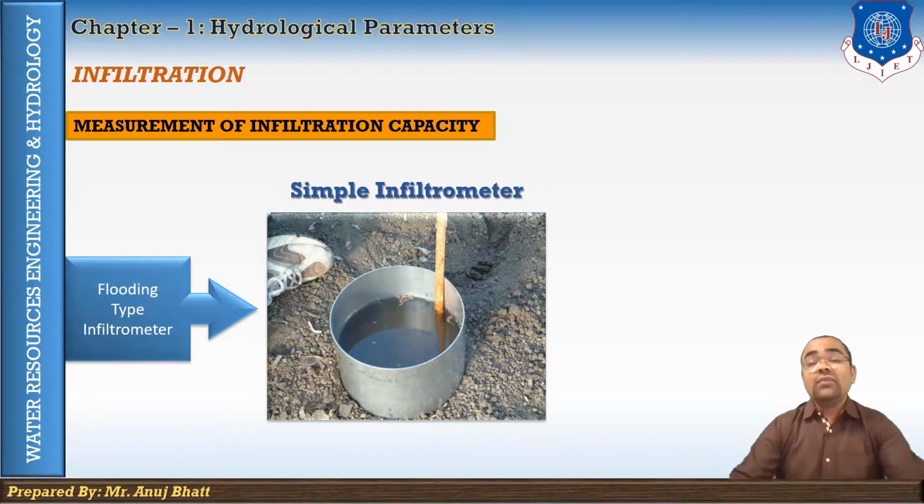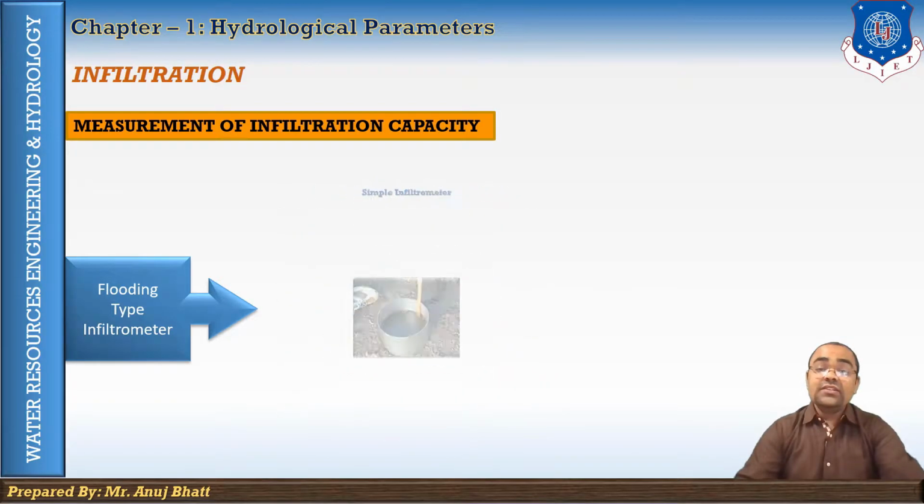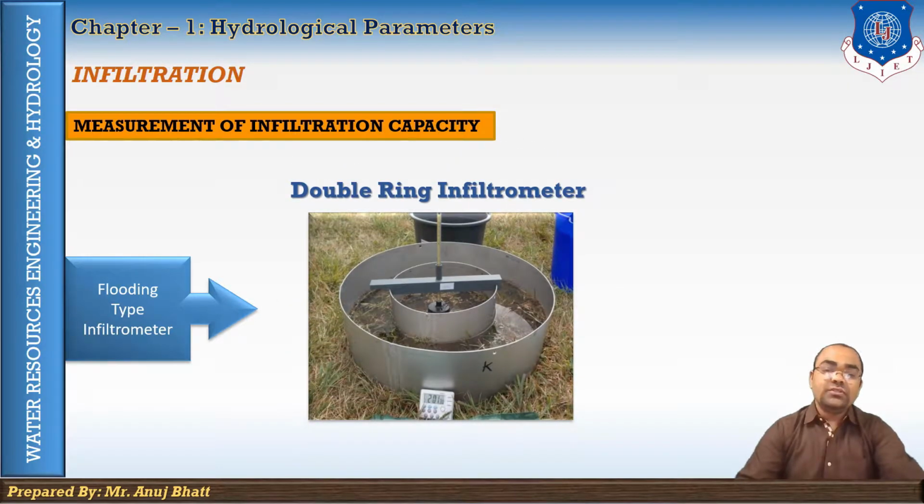Now we also have one more flooding type infiltrometer, and that is the double ring infiltrometer. This double ring infiltrometer is the most commonly used flooding type infiltrometer. It consists of two concentric rings that are driven into the soil uniformly, without any tilting and without disturbing the soil, to a depth of at least 15 centimeter.